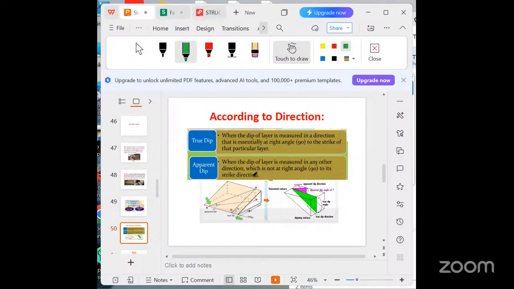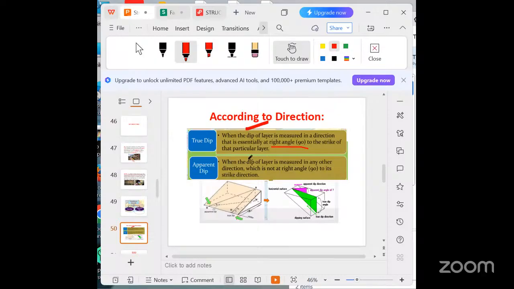You see here, true dip is when the dip of a layer is measured in a direction that is essentially at right angle, that is 90 degrees, to the strike of that particular layer. So that is called true dip, right?